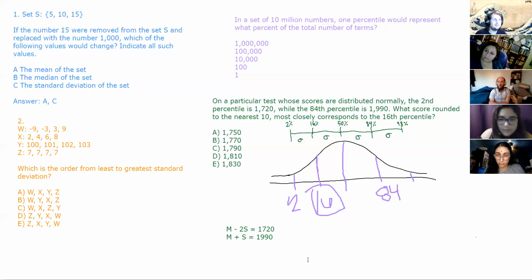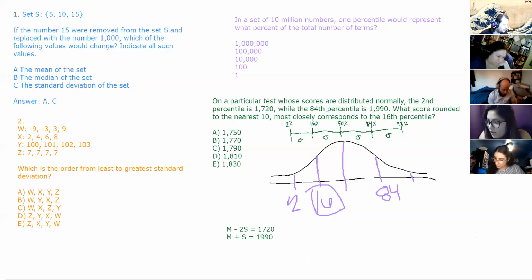Yep. At this point, it's now a series of equations, and you just solve for S. So our answer would be D. Let's see.